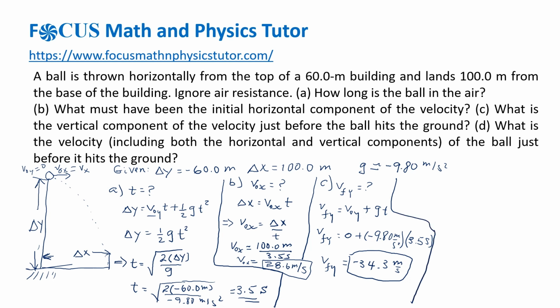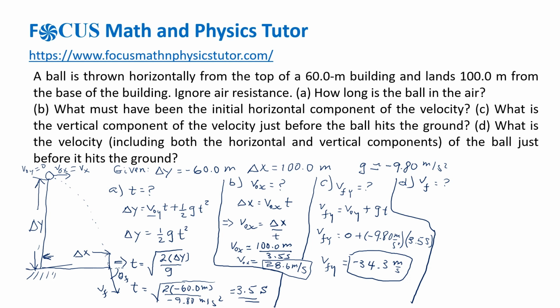And D, what is the velocity of the ball just before it hits the ground? So I'm asked to find v final. And the v final is going to be something like this. This will be the final direction, and this will be the magnitude, v final.